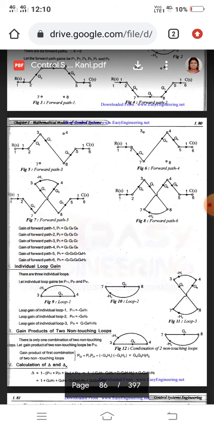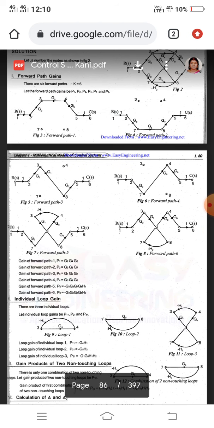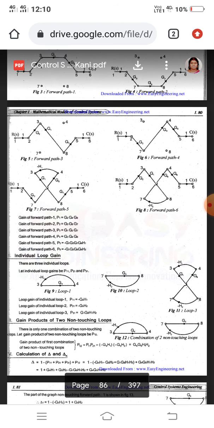So we solve the forward path formula. We have 6 forward paths: P1, P2, P3, P4, P5, P6. For P1, you multiply the forward path values: P1 equals G2, G4, G6. Second forward path P2 equals G3, G5, G7.